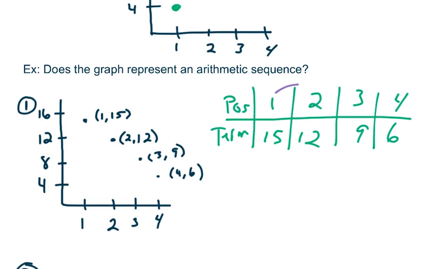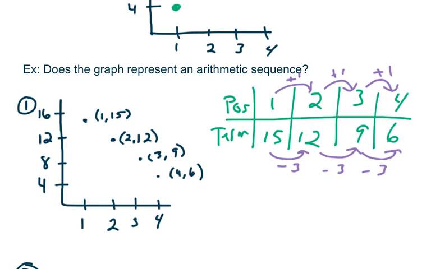The position goes up by 1 each time, and to go from 15 to 12 is down 3, from 12 to 9 is down 3, from 9 to 6 is also down 3. Since we've got a constant rate of change, this is an arithmetic sequence.